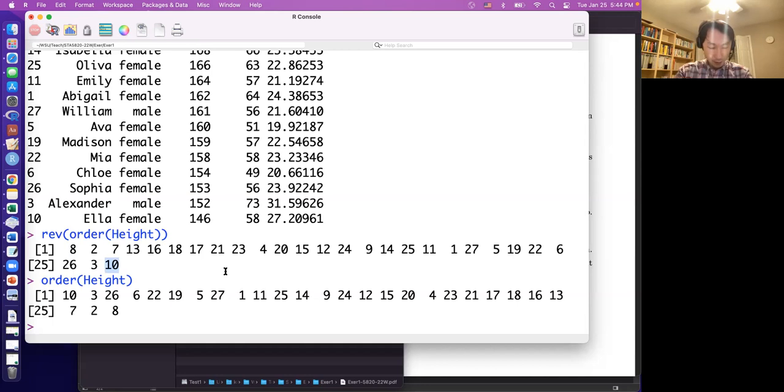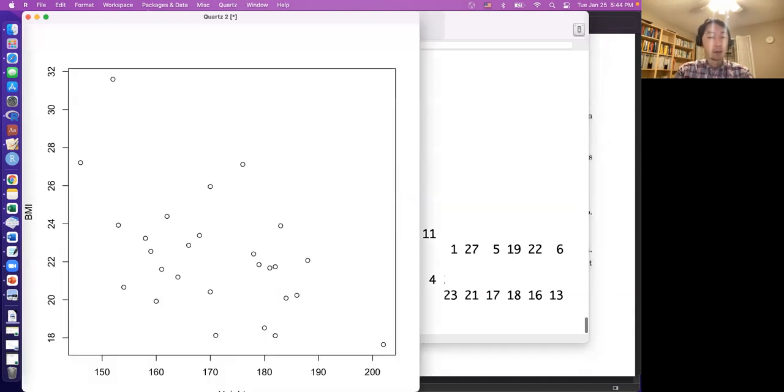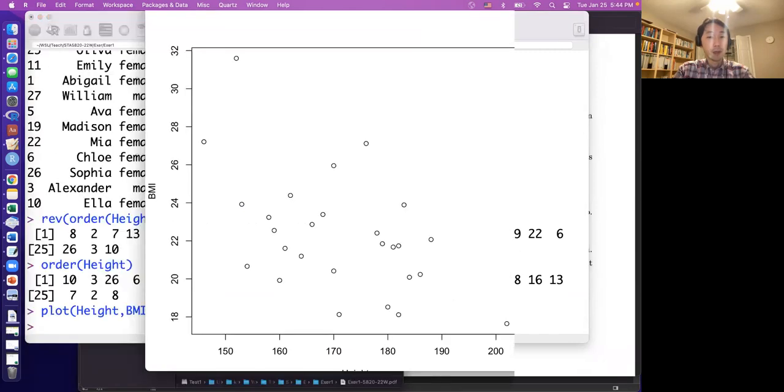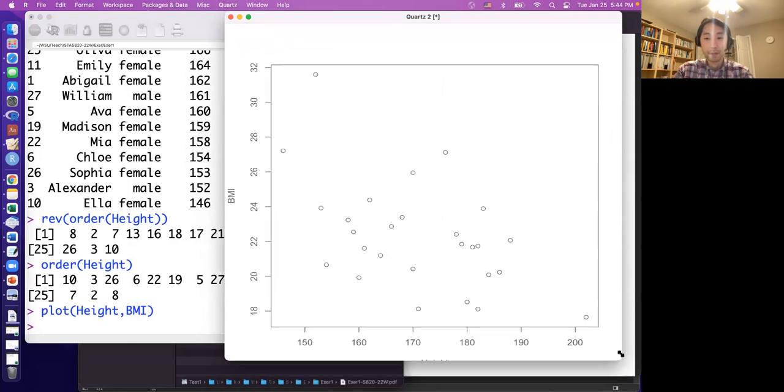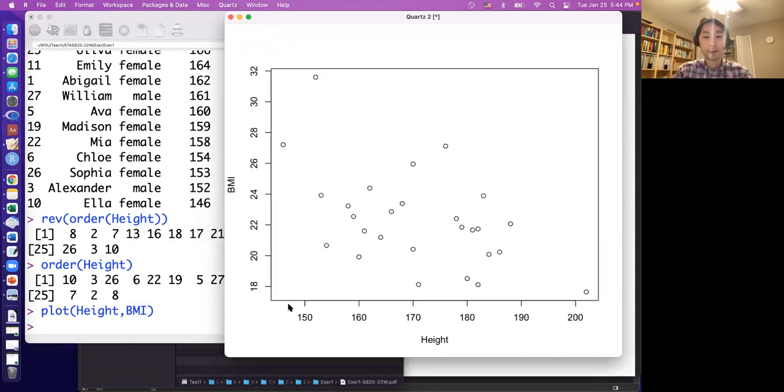Yeah, and create a scatter plot for height and BMI. So I think we attached the data D already, so you can see this. So height and BMI. Yeah, so height on the horizontal axis and BMI on the vertical axis.